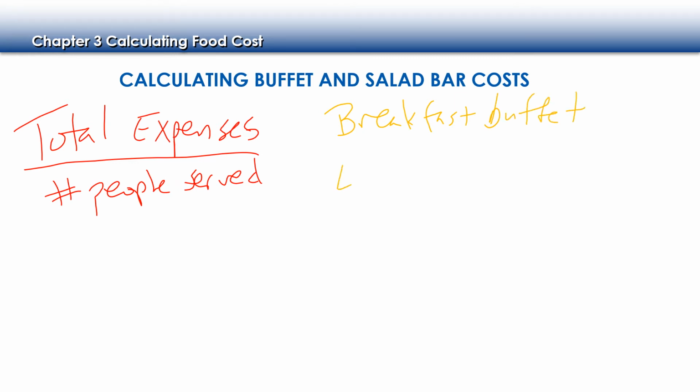Okay, we have eggs, we have bacon, we have biscuits, and we have gravy. Okay, biscuits and gravy, eggs and bacon, pretty standard, okay? Now, let's say that at the end of the shift, we know that we have served 4 trays or 4 pans of eggs, okay?